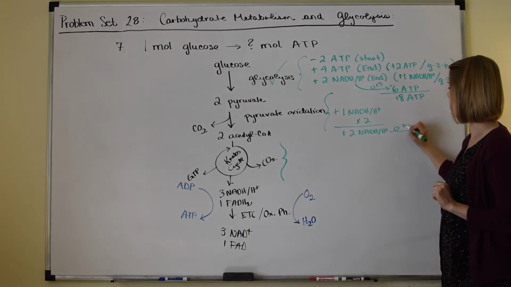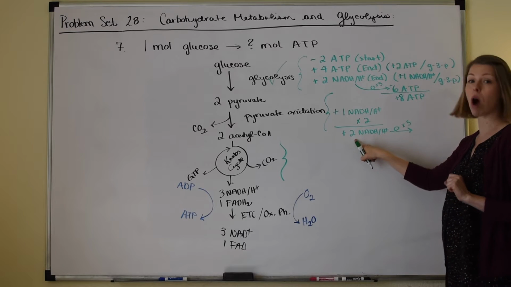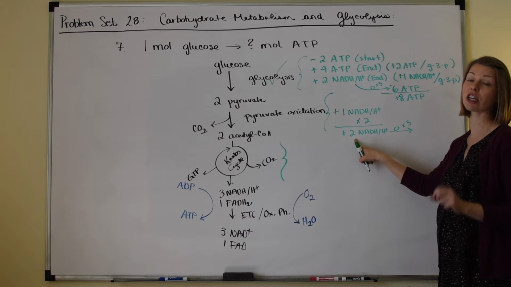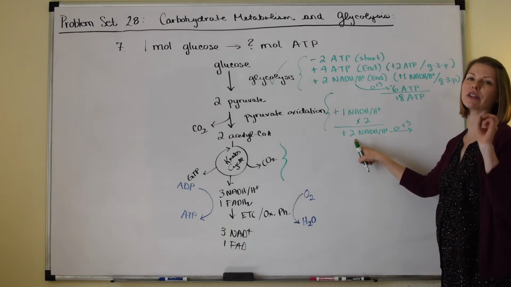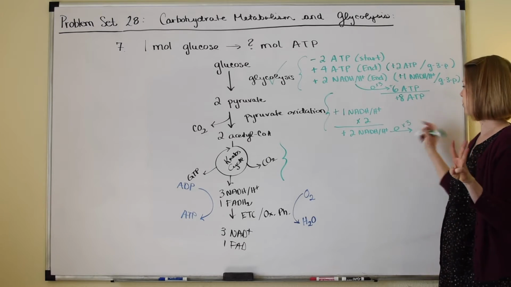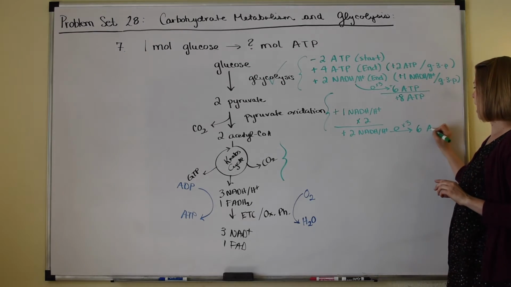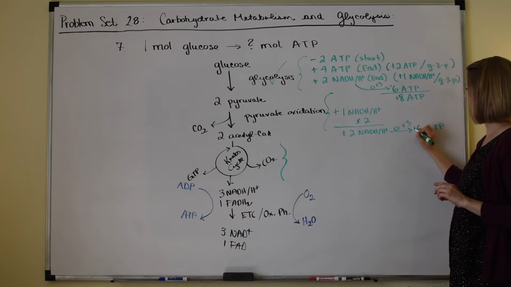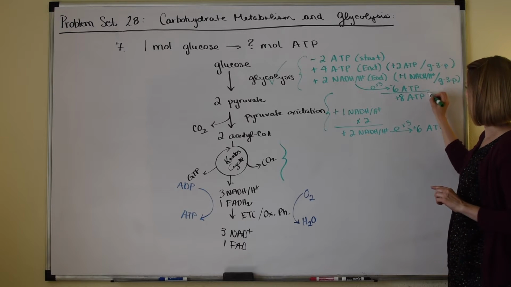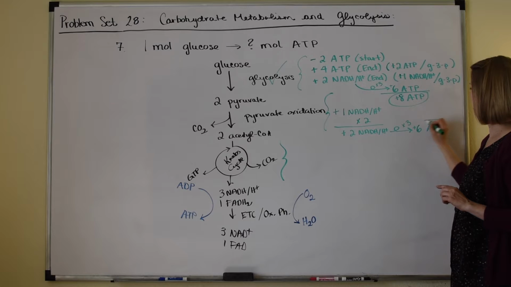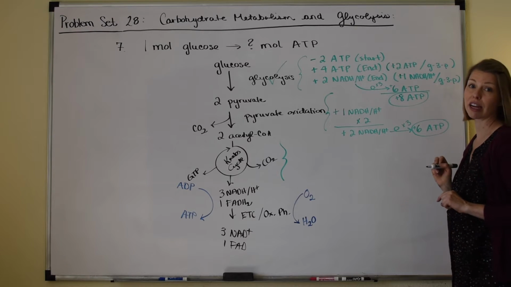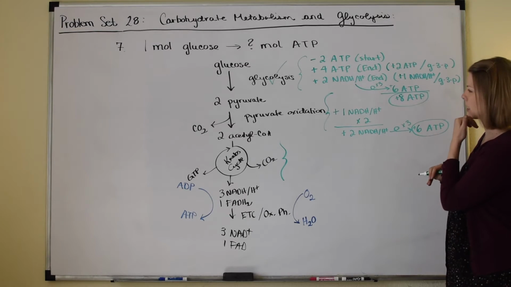So times that by 3, because for every 1 NADH that's reoxidized, we make theoretical yield 3 ATP. So 2 times 3, we get 6 ATP. All right, plus. And I'm going to circle these to make them easier to find when we go to add them all up at the end.